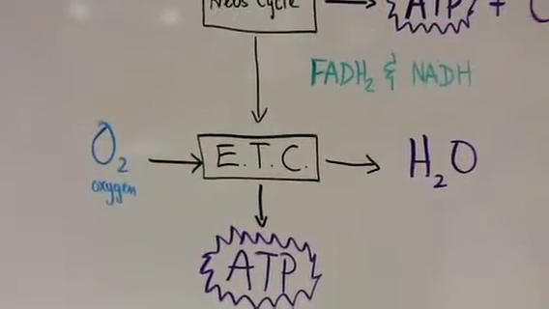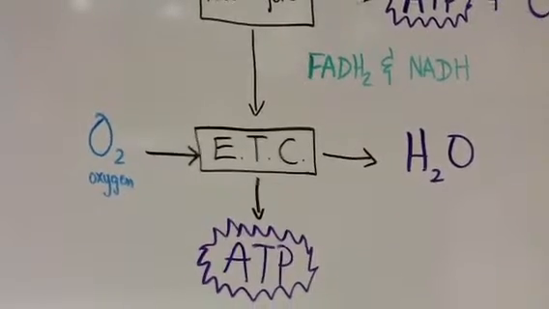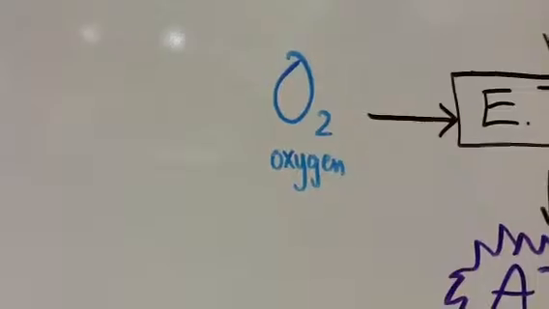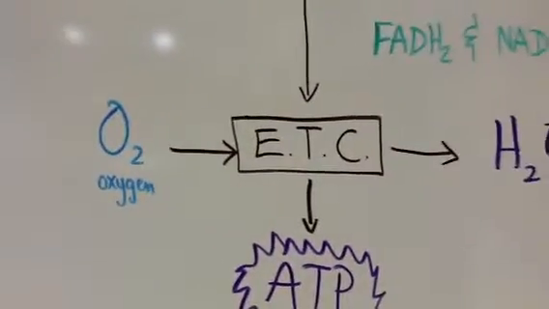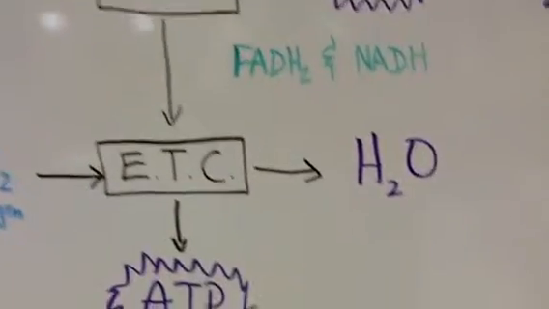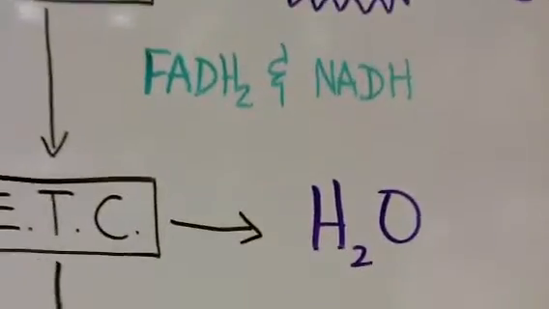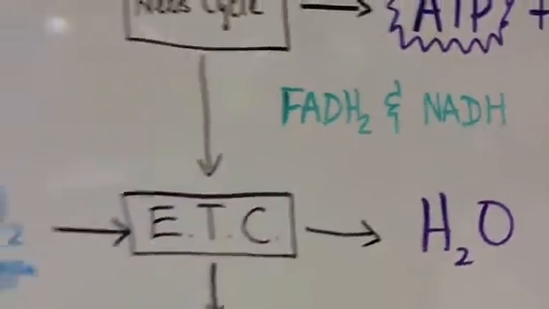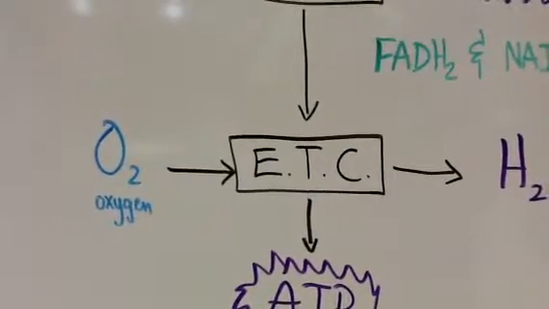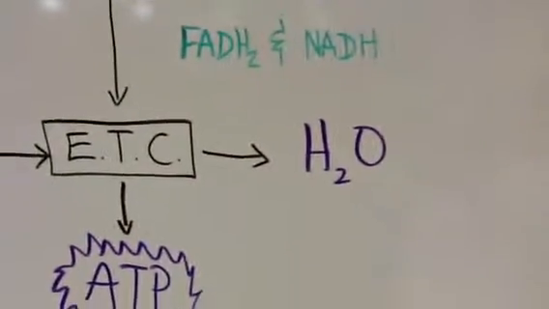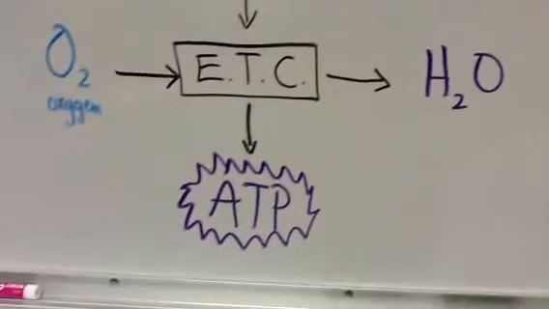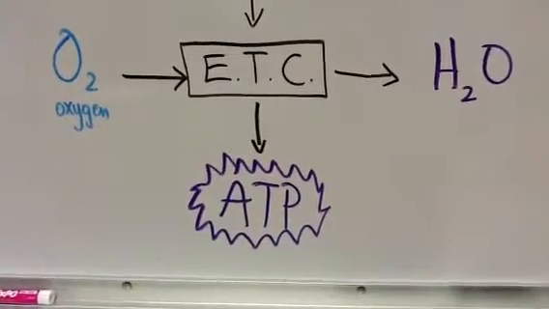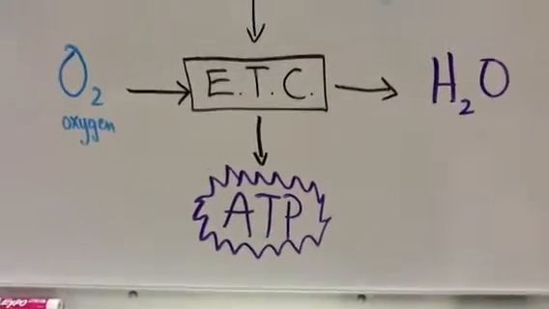So for the electron transport chain, 3 things get fed into it. The main one is oxygen. Without this, it's not going to work. The Krebs cycle is passing down these 2 high electron carriers, FADH2 and NADH, into the electron transport chain. Then you get water and you get ATP. This electron transport chain is the one that provides us with the highest amount of ATP molecules.